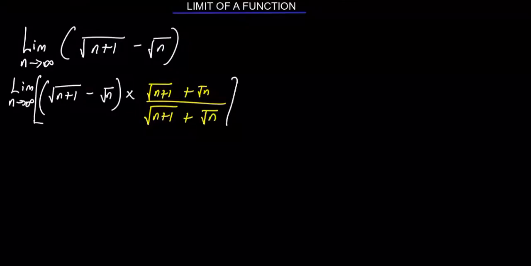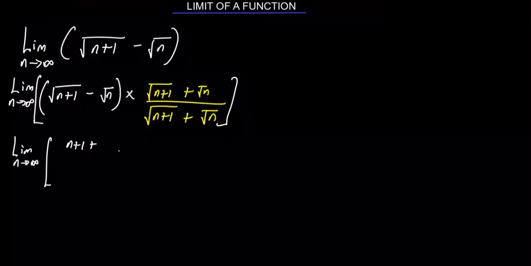Okay? From here, we have limit as n tends to infinity. This and this will multiply out. You'll be having n plus 1 minus n, then all over square root of n plus 1 plus square root of n.